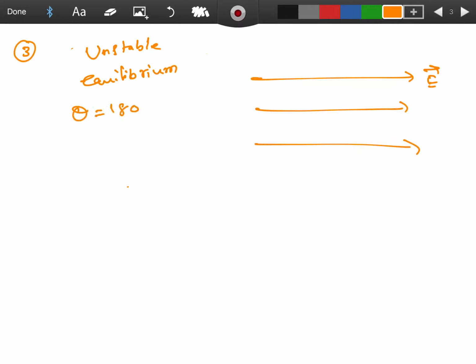Theta should be 180 degrees, like this, minus q, plus q. This is the dipole moment direction, p bar, but electric field is like this. What is the angle between p bar and e bar? P bar is like this, e bar is opposite direction, then theta is 180. This is unstable equilibrium. I'll say theta 1 initial.